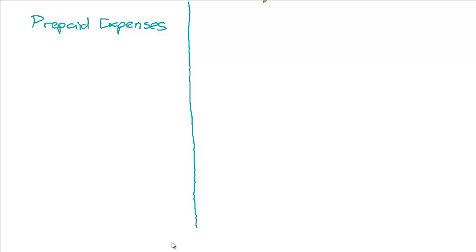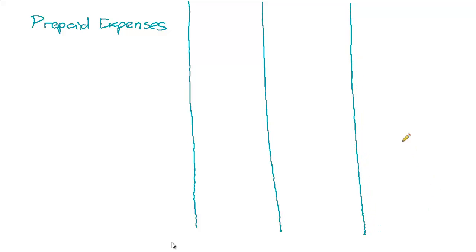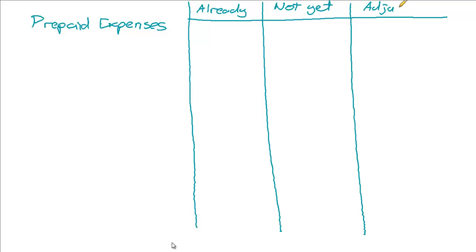Let's draw for ourselves. There we go. This is enough space, and we can say here at the top, this is what we've already done, and this is what we've not yet done. When I talk about we, I refer to the business, and then this is the adjustment necessary.